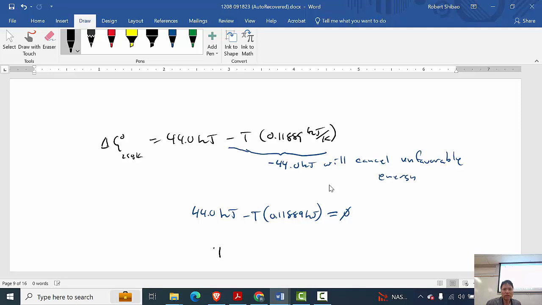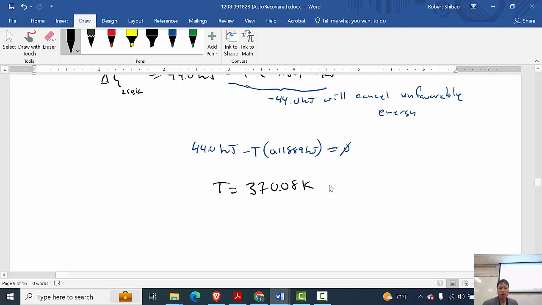In solving this for T, this is going to be 44 divided by 0.11889. And the T comes out to 370.08 Kelvin, which is equal to how much in degrees C?